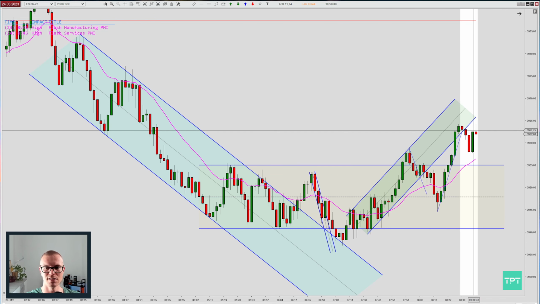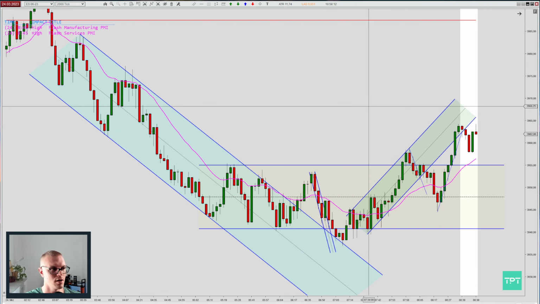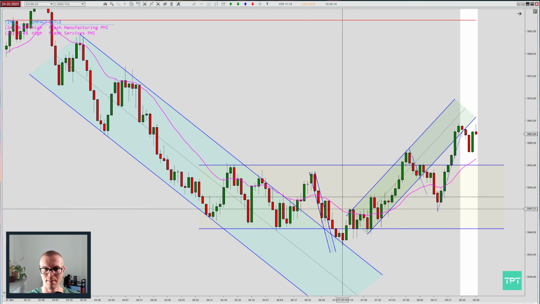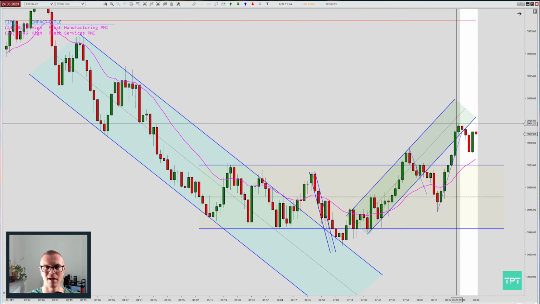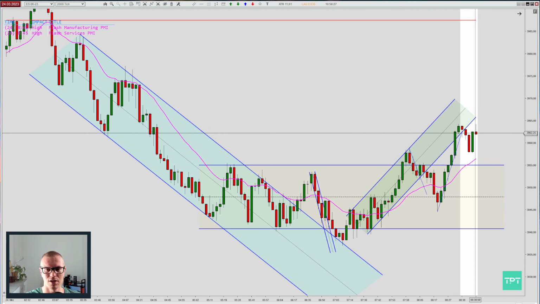And now prices are forming a lower high here. So we have two structures playing at the same time. We have this range here, and we have the first time breakout of this range. So many times you will see that breakouts are failing. So I really like to take a short here because most breakouts fail.